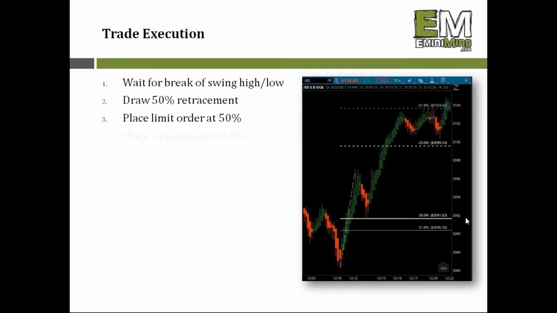So placing the order at the 50 and then placing the stop just outside of the 61, again, giving it a couple ticks of wiggle room is good practice. And then same if you're going to place a target at the -23. In this case, it's a 30.99.54.